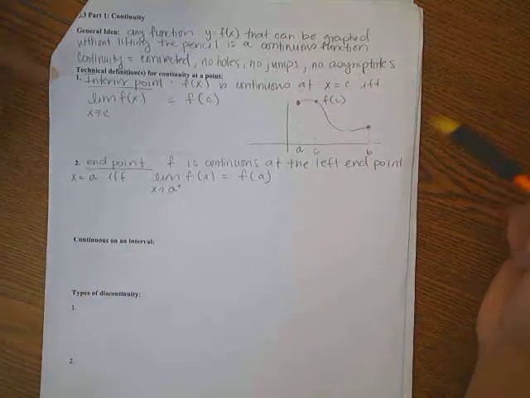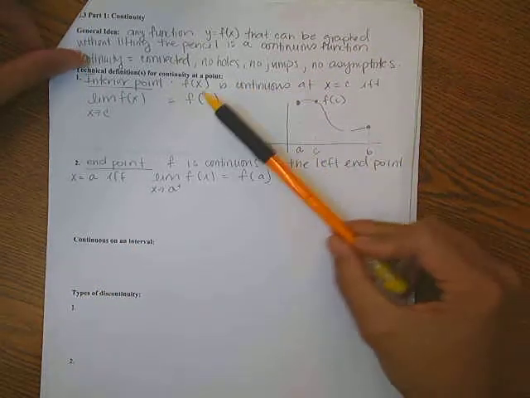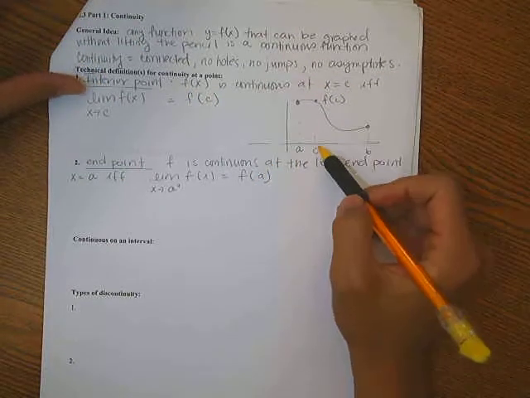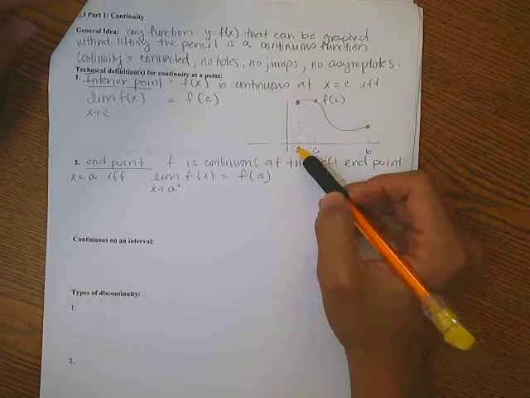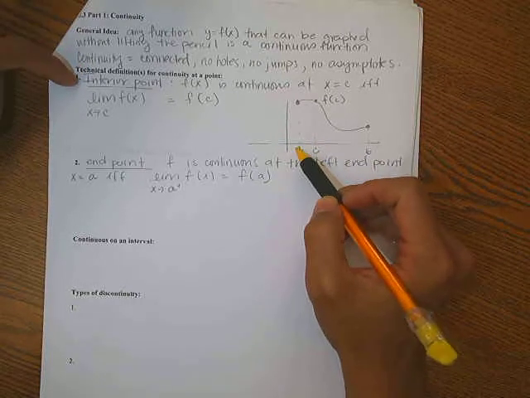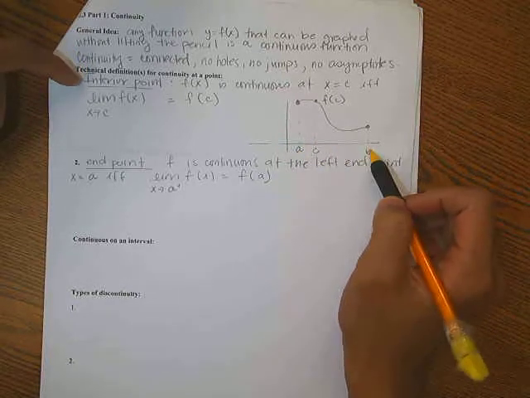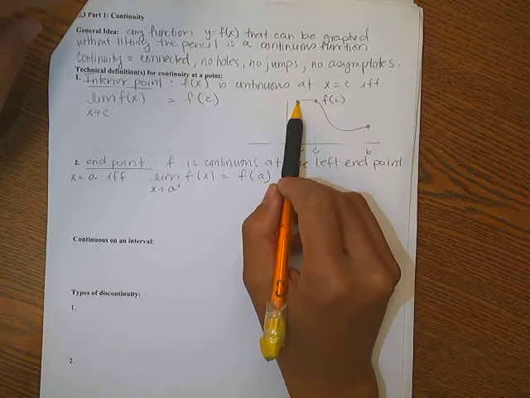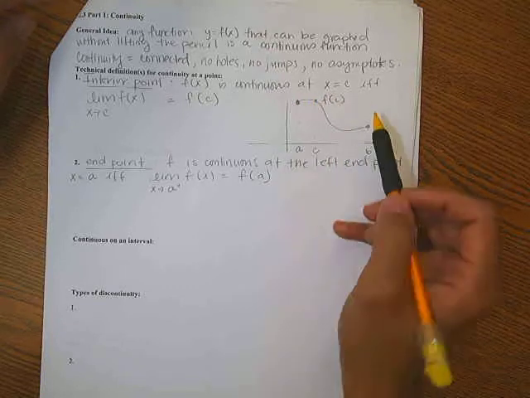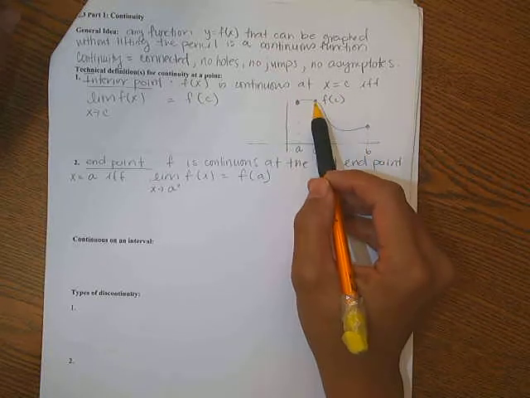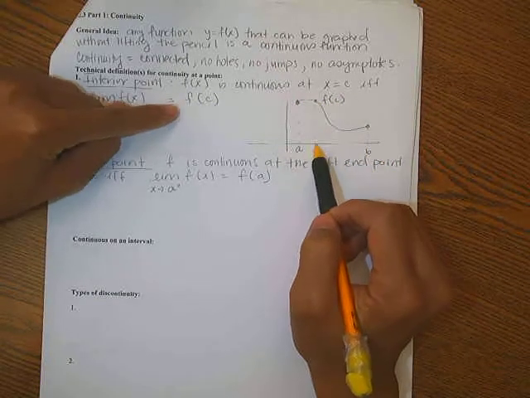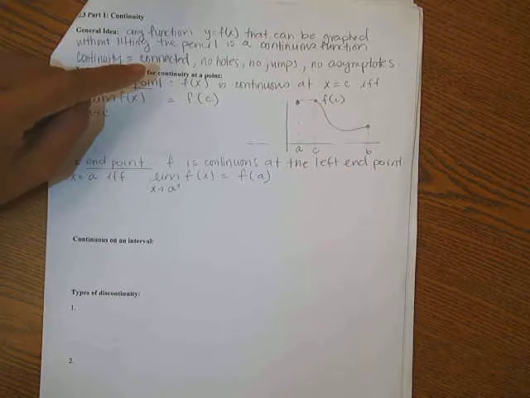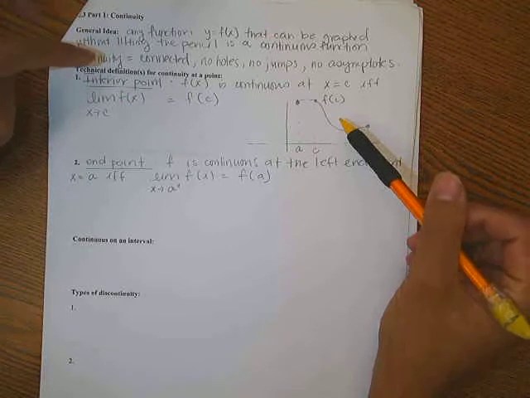So the interior point says, hey, this function f of x is continuous, and here is a C point in the middle, interior between A and B. So the limit as x approaches C from the left and x approaches C from the right is the same as f of C, which is true for this particular case. So this is what it means to be continuous.